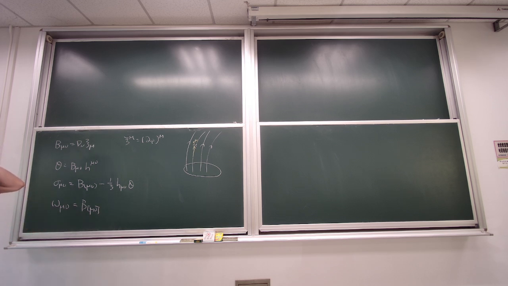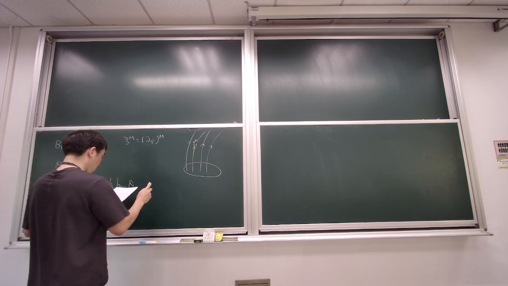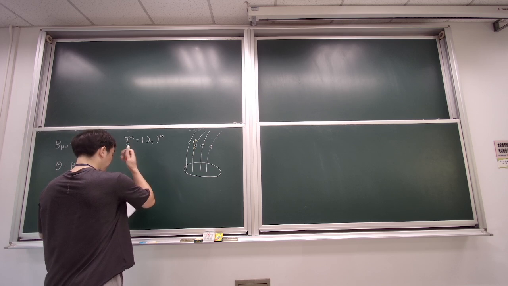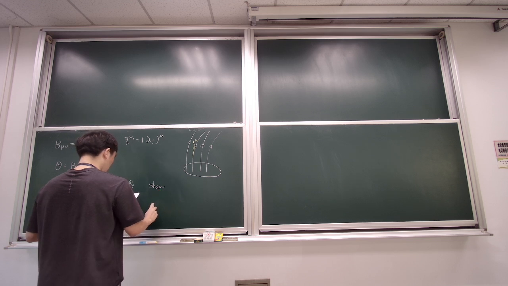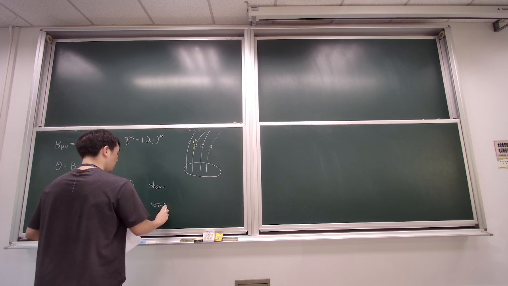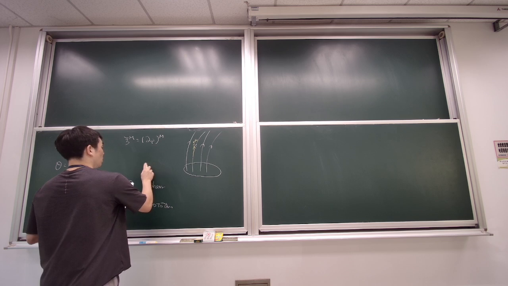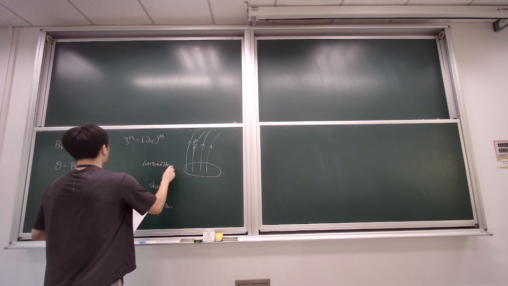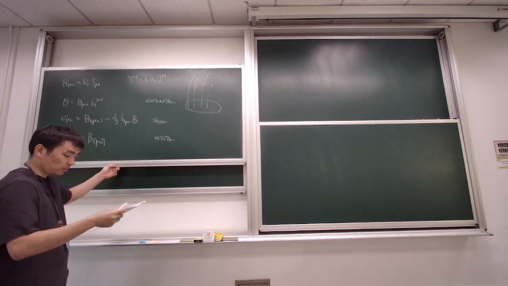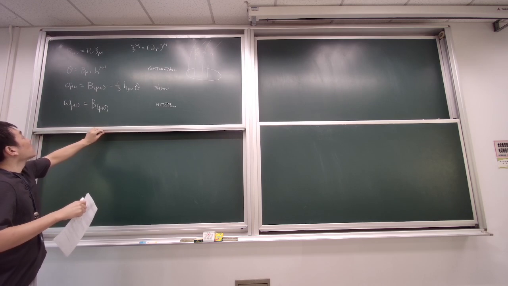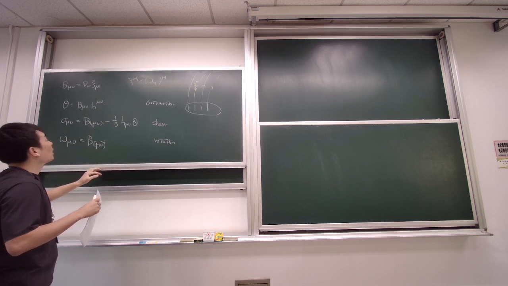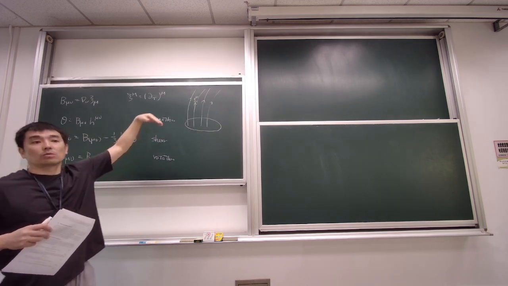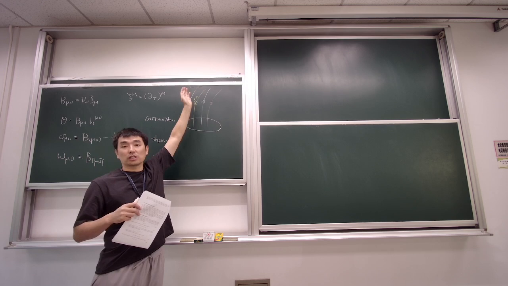And this is called the shear, this is the rotation, and this is the contraction, and so on. And then the Raychaudhuri equation describes how this θ, σ, and ω will change along this geodesic congruence.